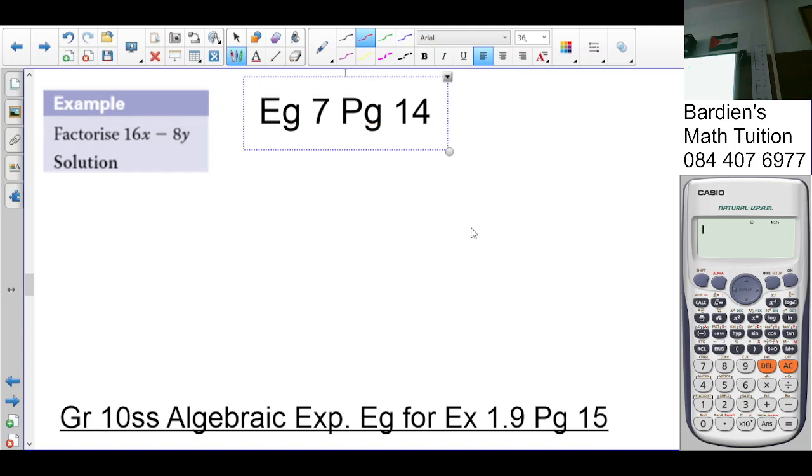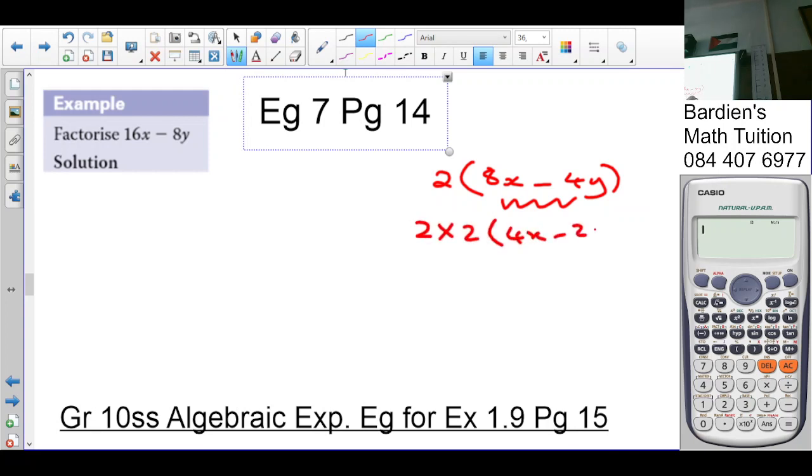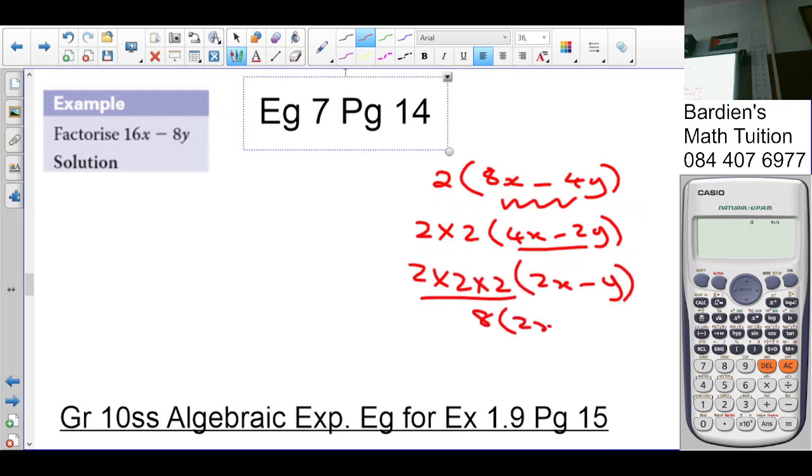Now just looking if 2 is common, then we got 3x minus 4y. But what do you notice here? You can't again have 2 as a common factor. So it's going to be 2 into 4x minus 2y. I say, hang on, 2 is again common. So it's 2 by 2 by 2 into 2x minus 1. And that gives us 8 into 2x minus 1.